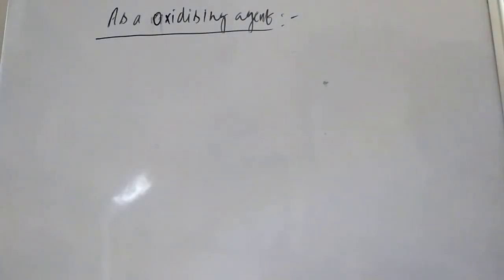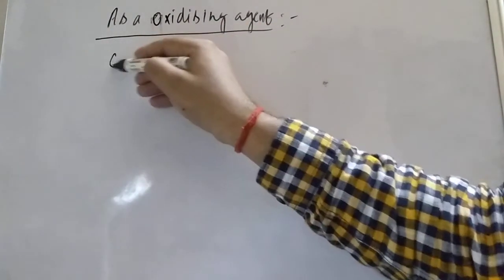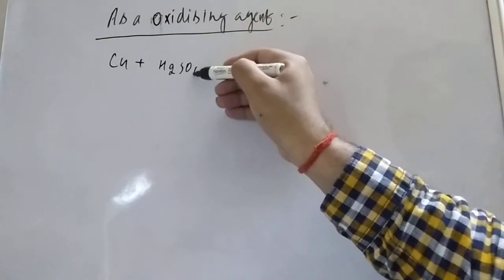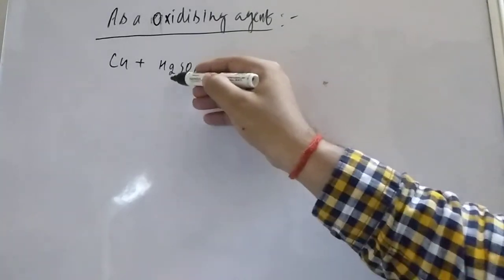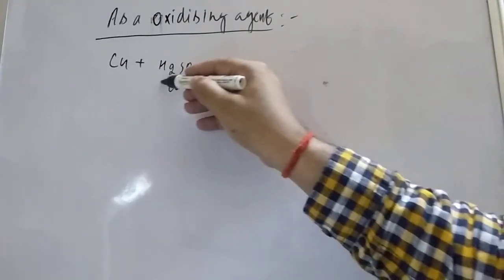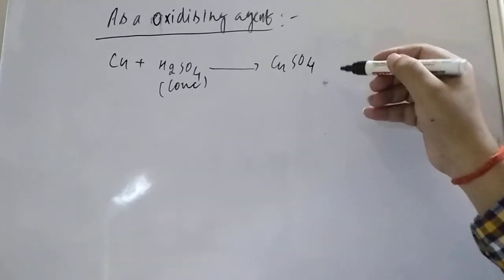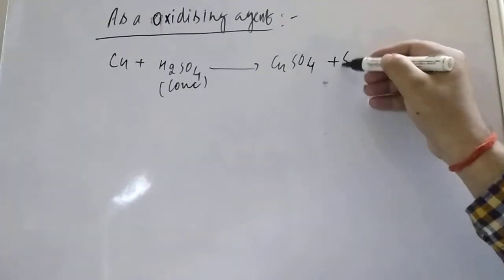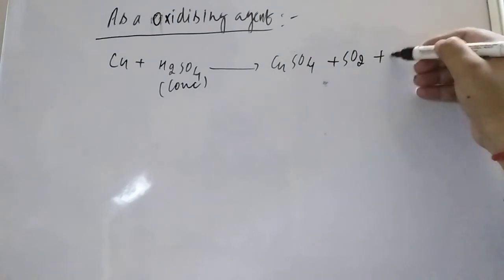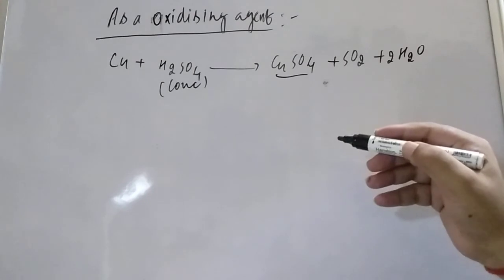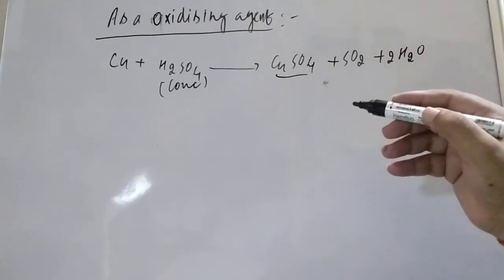When copper reacts with concentrated H2SO4, it gives CuSO4, copper sulfate, plus SO2 plus water. So copper is oxidized into copper sulfate.